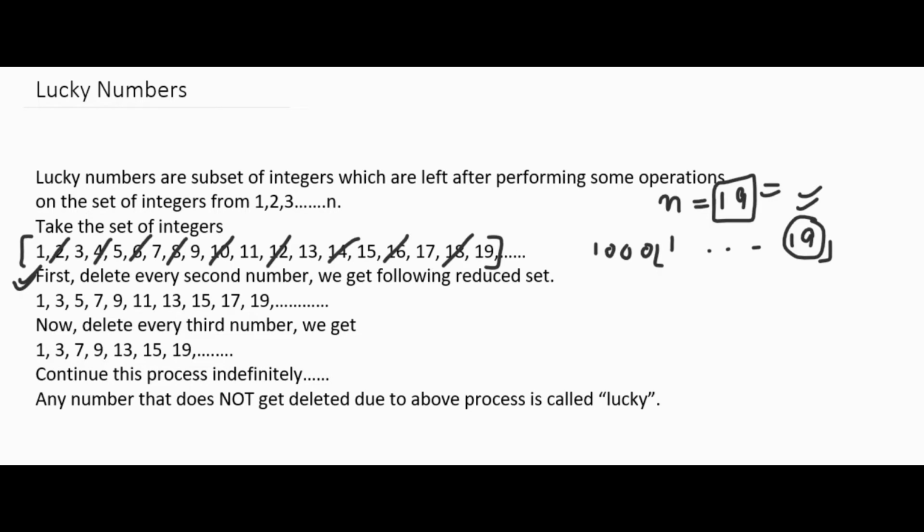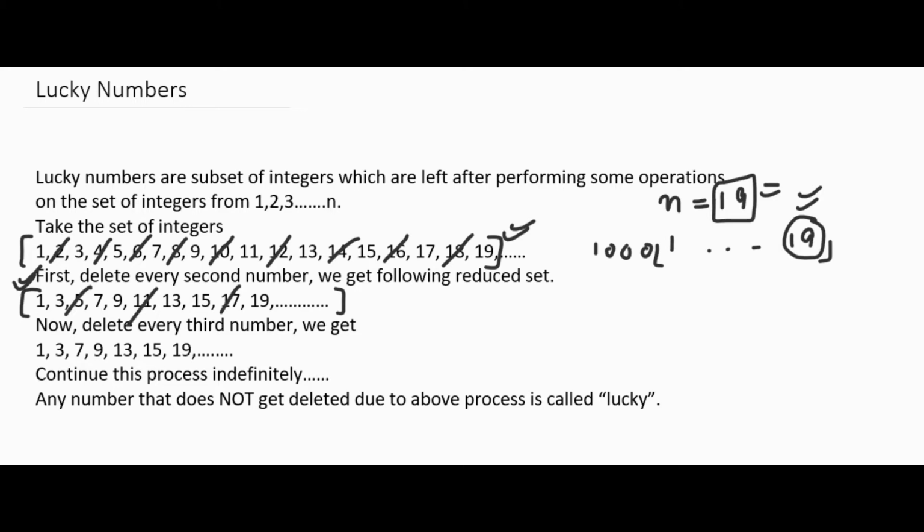Now we will delete every third number from the set that is left after deleting every second number. After deleting every second number, this is the set that we get. Now we have to delete every third number. That means 5 is deleted, 11 is deleted, 17 is deleted.